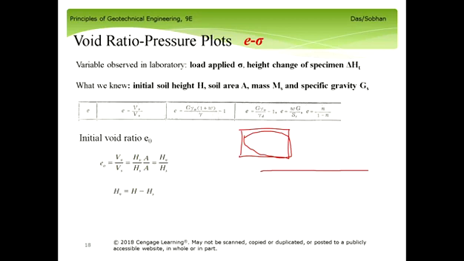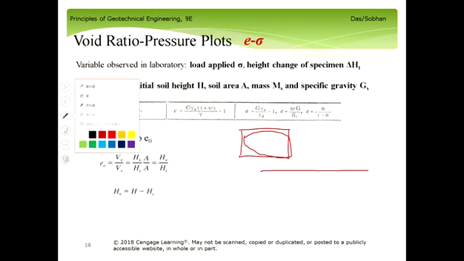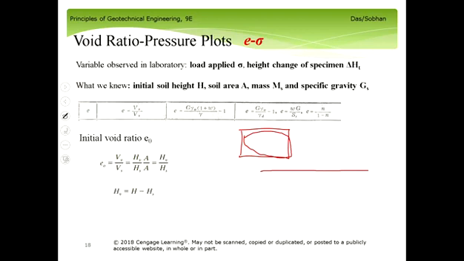So why can these two be transferred? In here we observe this, right? But we want to go to a void ratio pressure plot.